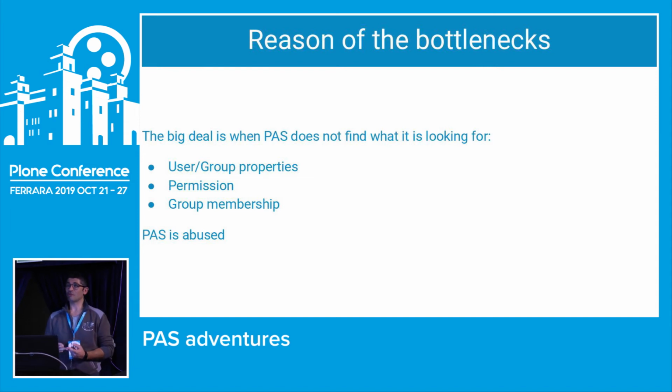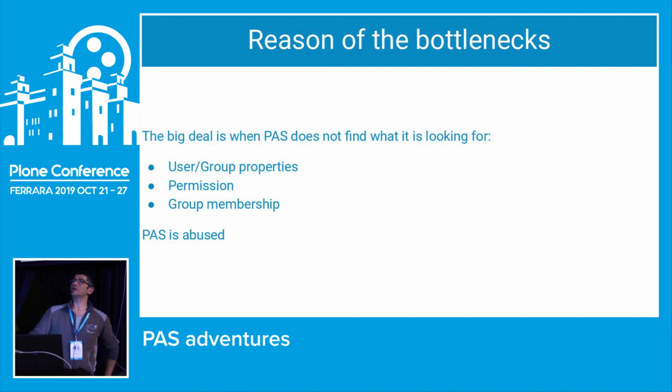And that is, of course, wrong, because you will ask LDAP for information that it does not have. You will ask Membrane for information that it does not have, and whoever knows. So basically, throwing all those plugins together and letting PAS do its job was not performant enough when you have a lot of groups and users to manage.